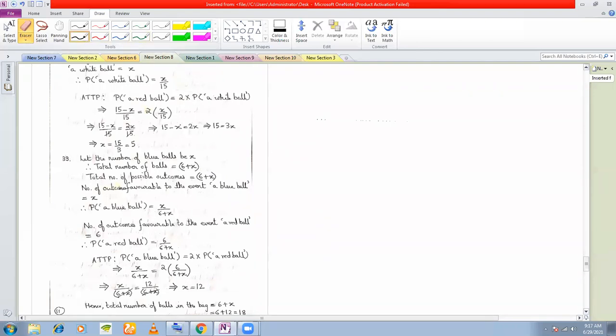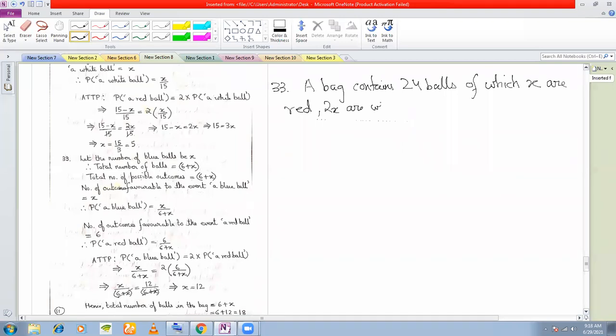Which is number 33 here. The question is, a bag contains 24 balls of which x are red, 2x are white, and 3x are blue.